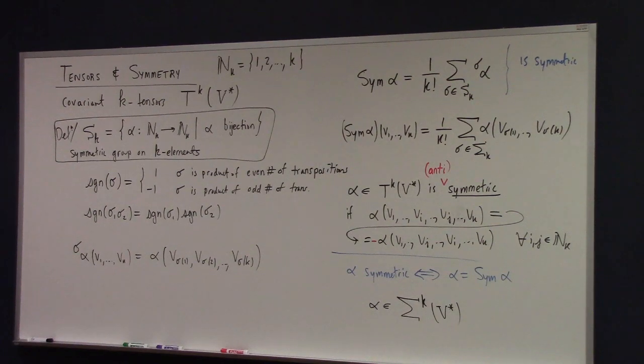At each point on the manifold, we get a covariant k-tensor. At each point on the manifold, we could either look at the set of symmetric k-covariant tensors or the set of antisymmetric k-covariant tensors. The set of all antisymmetric k-covariant tensor fields on a manifold, those are the differential forms, differential k-forms on the manifold.